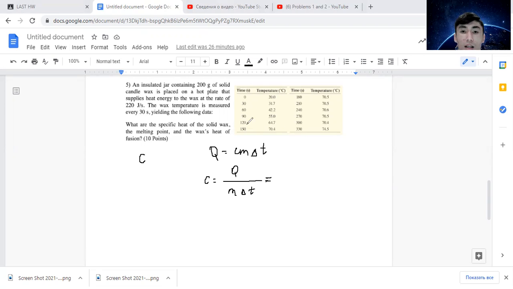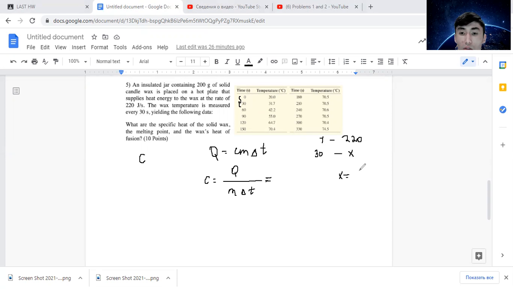So Q, let's find the sum of these times. I will take the time from 0 to 30. It means every second the heat supplied is 220 joule, and in 30 seconds is unknown.